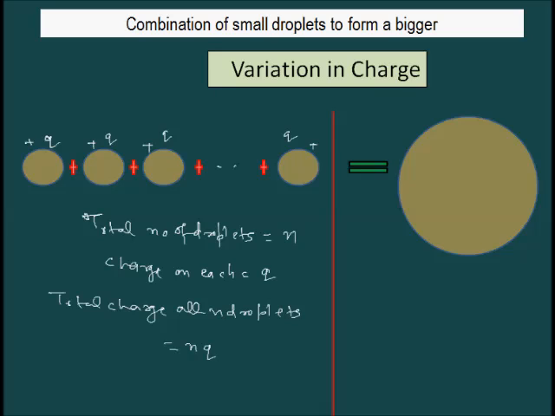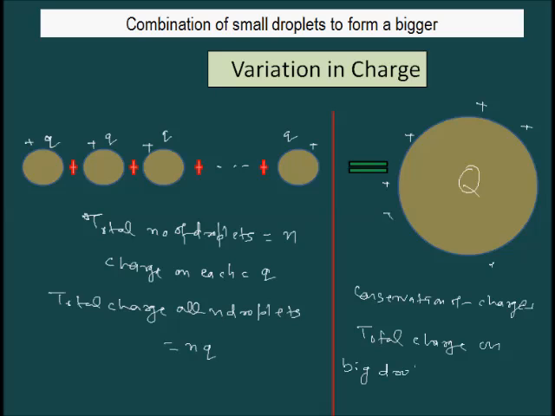All n droplets when combined together form a bigger drop. Let the total charge be Q. According to conservation of charge, the total charge on the big drop is the sum of all charges on the small droplets, that is nq.